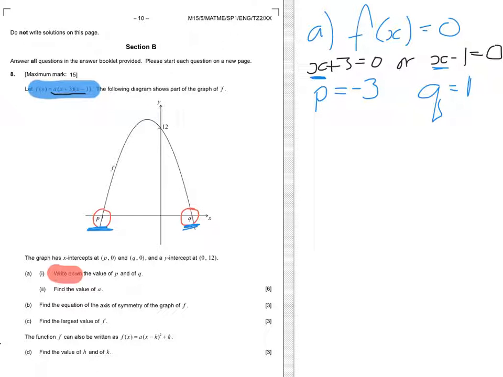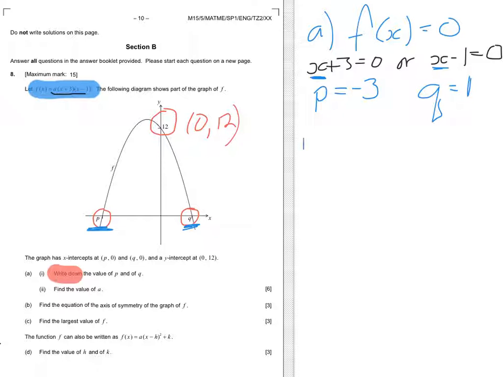Okay, and part 2 of this question, find the value of a. Well, there's a little bit more work to do now, but there's one piece of information that we haven't used, which is this point here, which is the coordinate 0, 12.